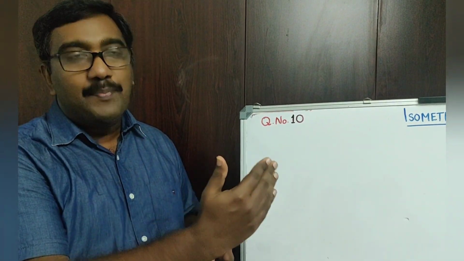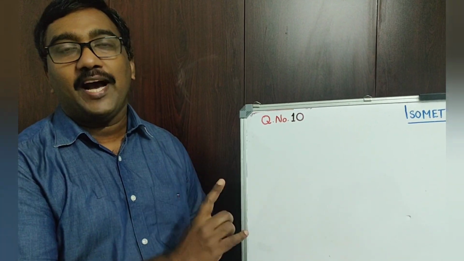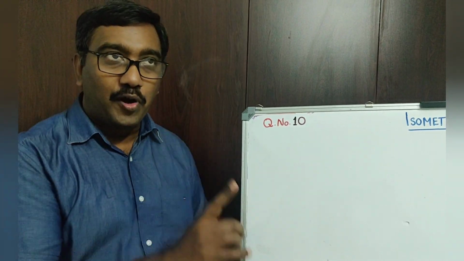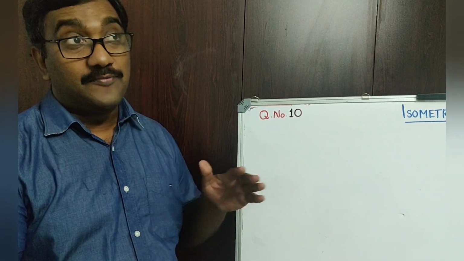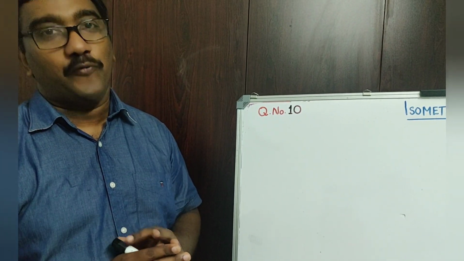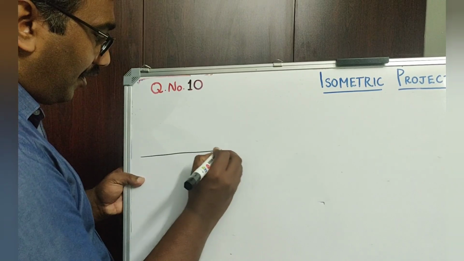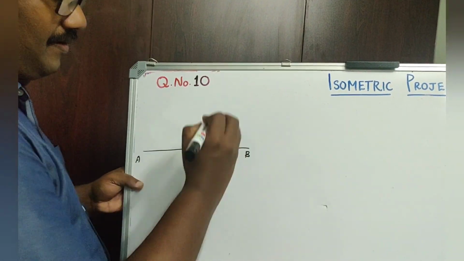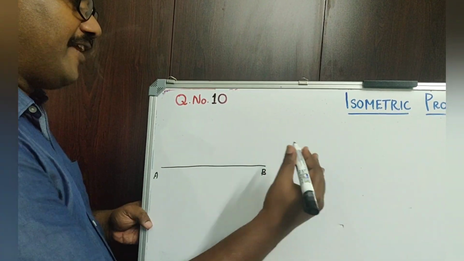Before going to the simple position, we have to draw the isometric scale, since we have to draw the isometric projection. In this particular problem, you have to draw the isometric projection and isometric view. First we will start with isometric projection, then we will move to isometric view. So how to draw the isometric scale? As we know, you draw AB with a dimension greater than the largest dimension given in the problem.